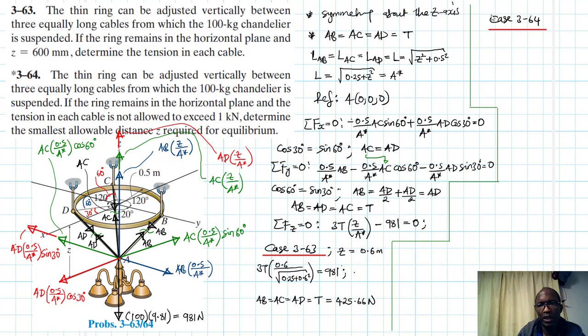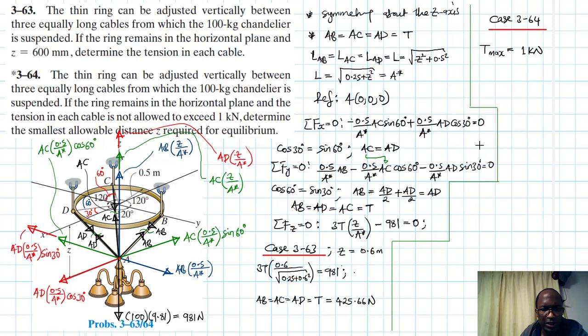So in this particular case, we are being asked to find Z, given that the maximum tension T maximum is equal to 1 kilonewton.